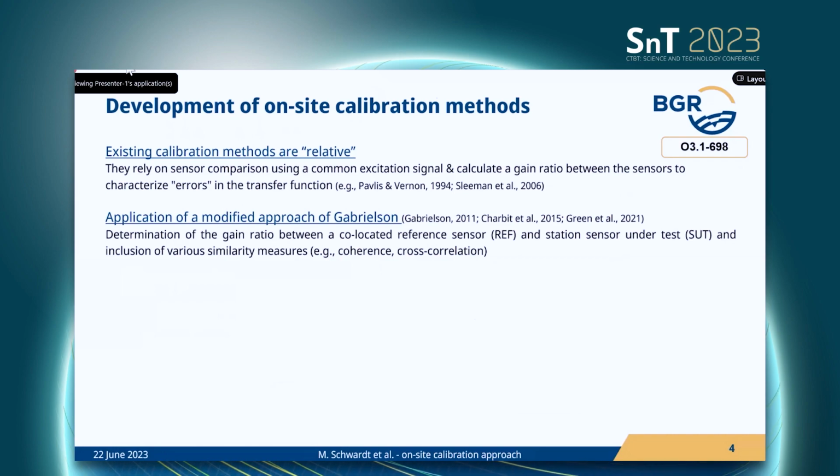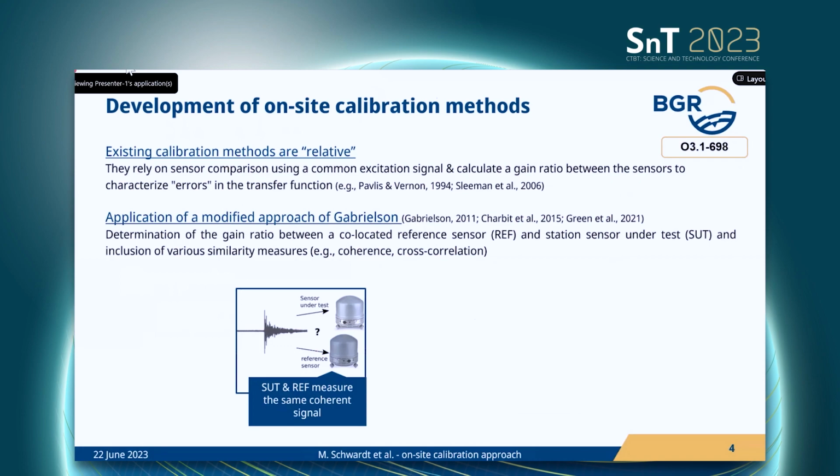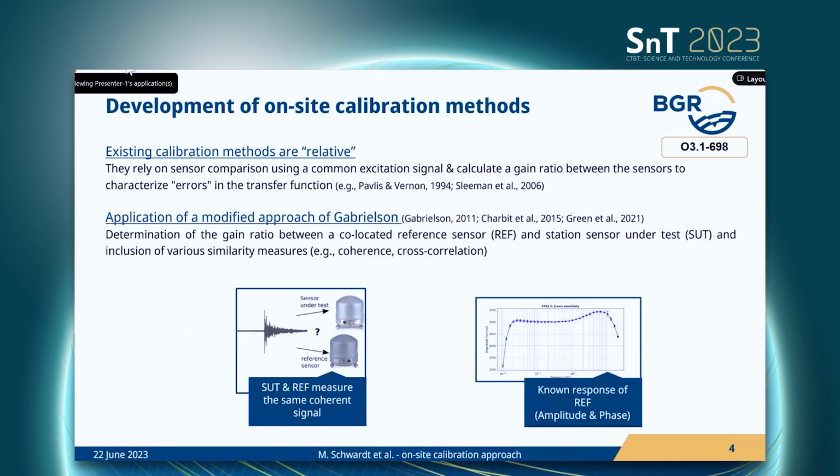We have a traceable calibrated reference from the lab and bring it to our station sensor, which is called SUT at the moment. We have some requirements: both sensors have to measure the same coherent signal, and to ensure traceability to SI, our reference has to have a known response.